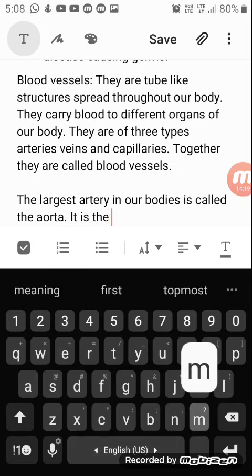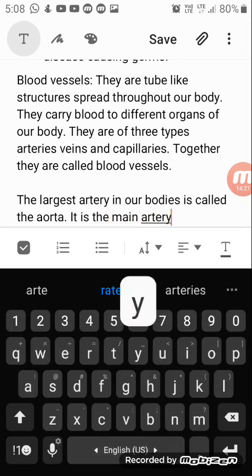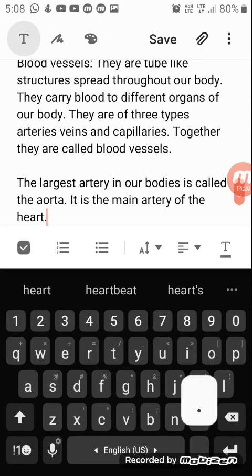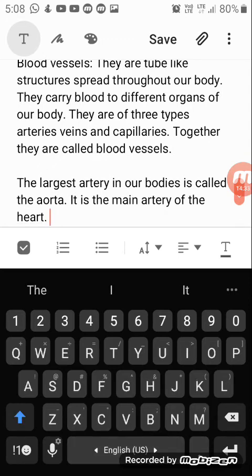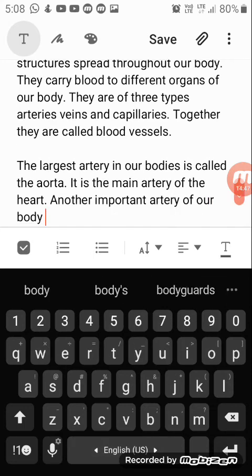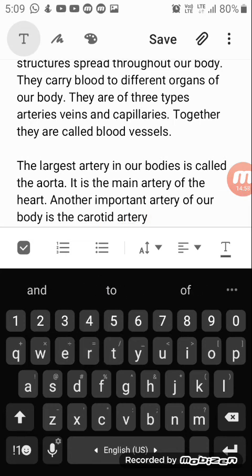It is the main artery of the heart. Another important artery of our body is the carotid artery.